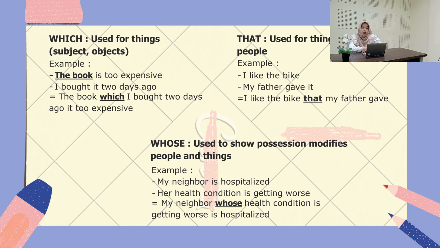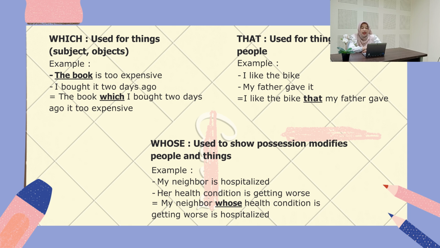The third is which, used for things. Example, the book is too expensive and I bought it 2 days ago. If you combine them into one, it will be the book which I bought 2 days ago is too expensive. So which shows the adjective clause or relative clause? Yes, which I bought 2 days ago. The fourth is that, used for things and people.